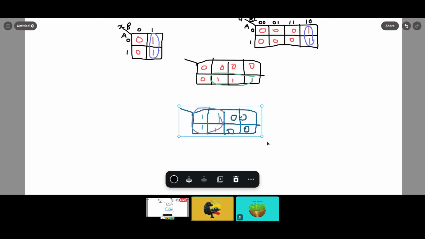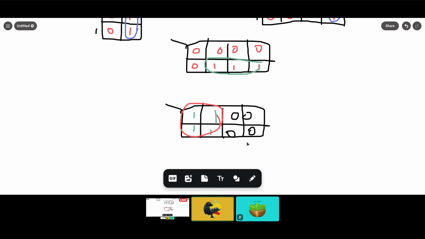So since you can group it as 1, you must group it as 1, because it's the least number of groups.